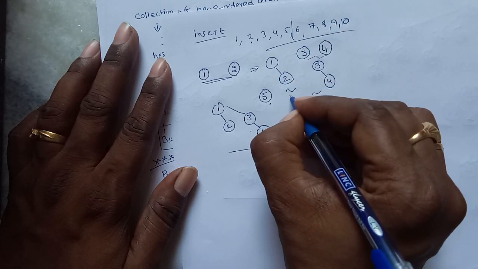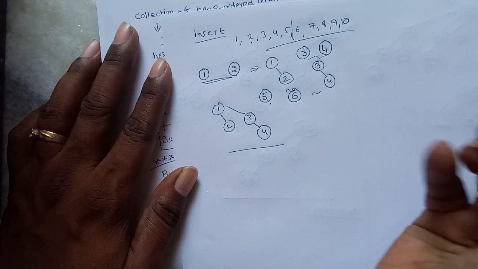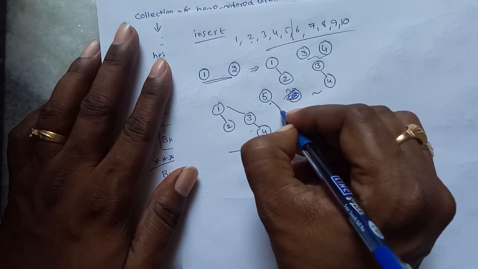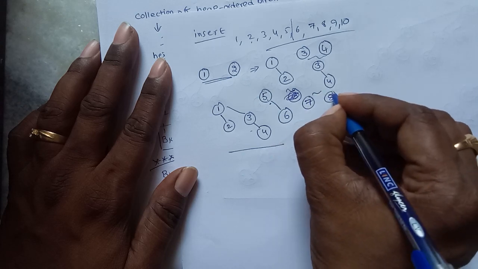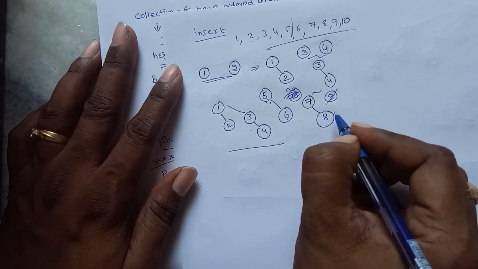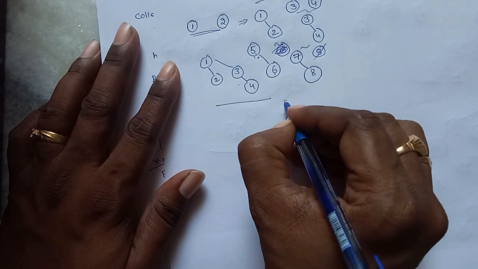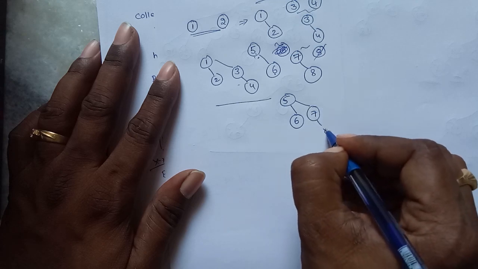Next insert 6. After inserting 6, 2 B naughts. Whenever 2 B naughts are formed, what will we do? Perform the merge operation. Next 7. Next 8. So when 8 occurs, perform the merge operation. B1, so perform the merge operation. After merging, 5, 6, 7, 8.